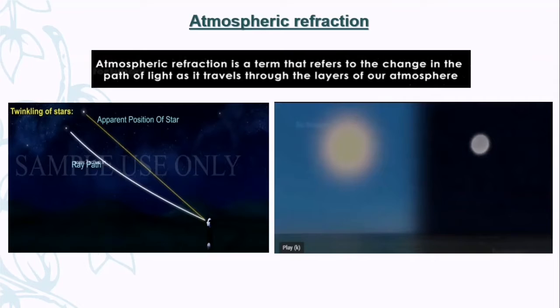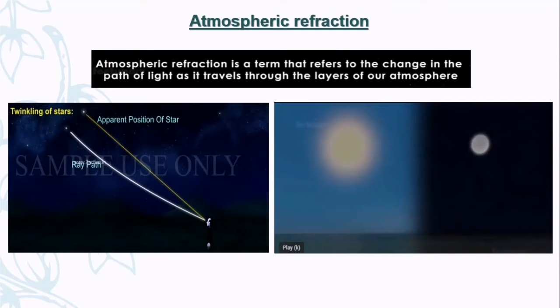We learned that refraction occurs when the light changes speed, when the light changes medium, like going from air to water, from air to glass, from glass to water. Okay, so here you have to pay attention to something. The air is only one type of medium, but girls, it's not a uniform medium. What does not uniform mean? It's not the same everywhere.